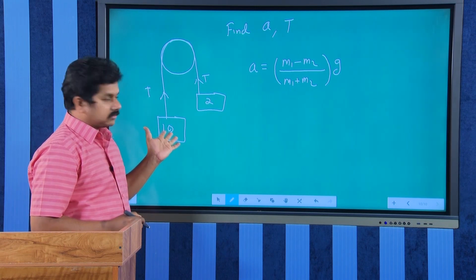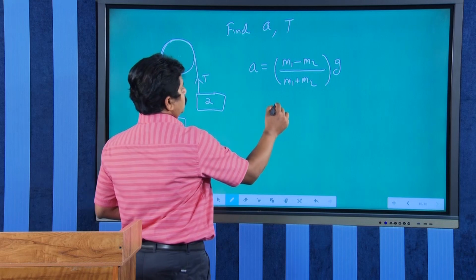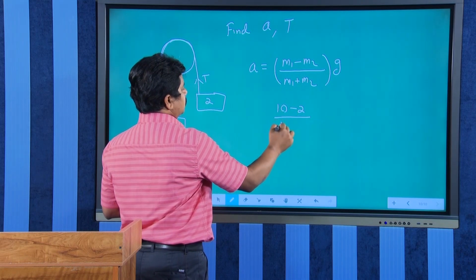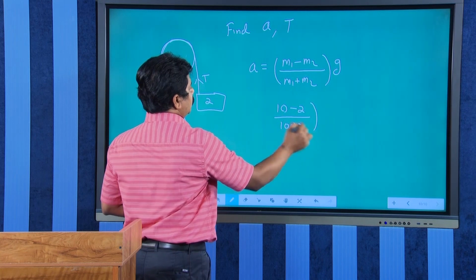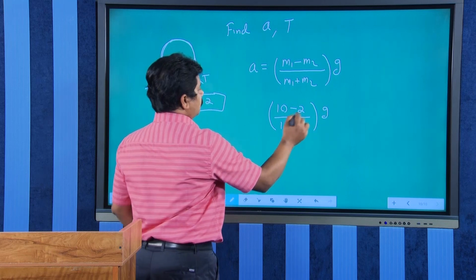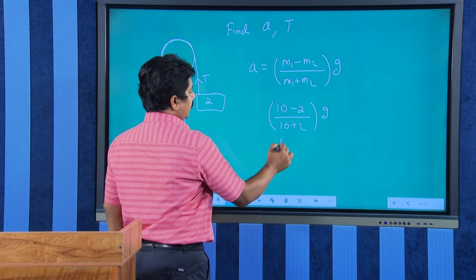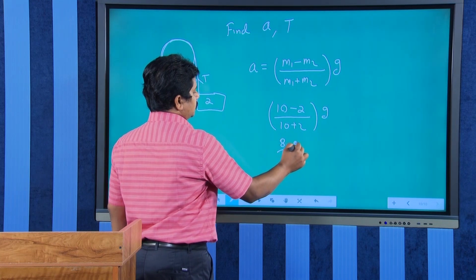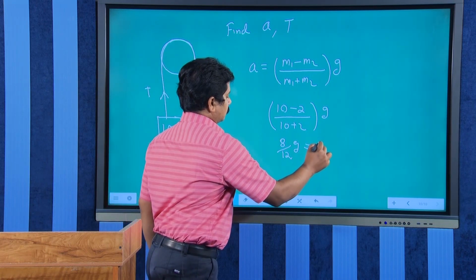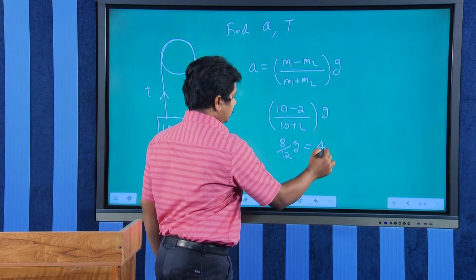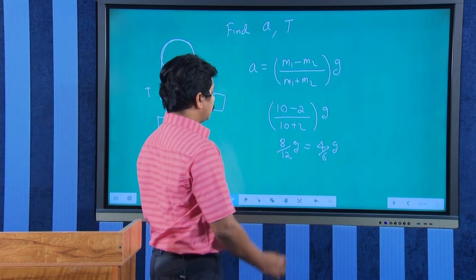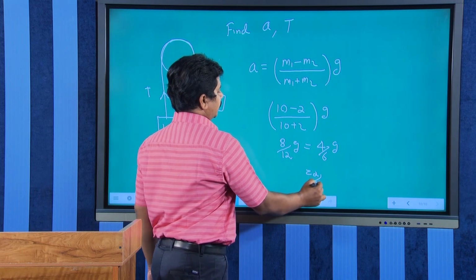So, take m1 as 10 kilogram and m2 as 2. So, (10 minus 2) by (10 plus 2) into G, right. So, how much is it? 8 by 12 G, or it is 4 by 6 G, or 2 by 3 G, right.